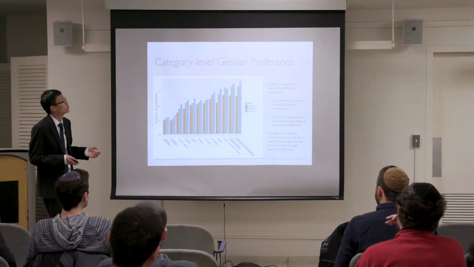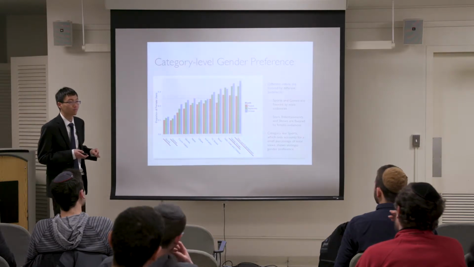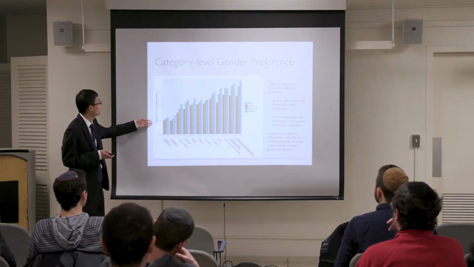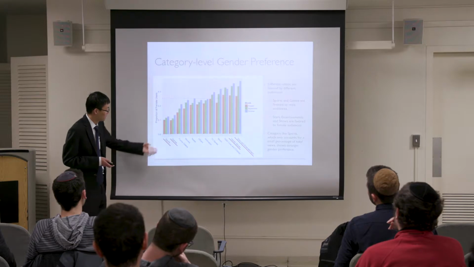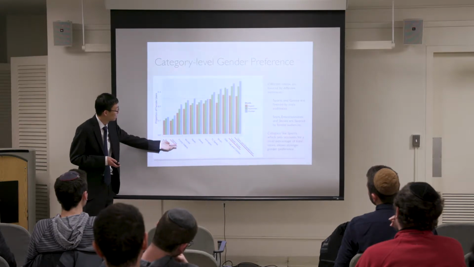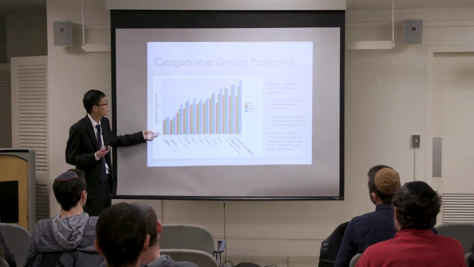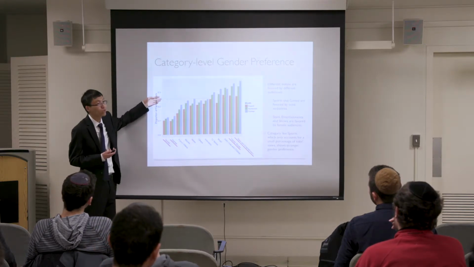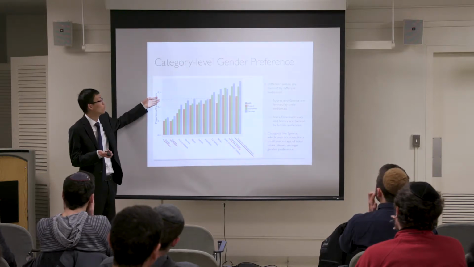So what we want to know is if there is any gender preference here. So we summarize the proportion of female users in each category. And you can see sports and games demonstrate a very low proportion of female audiences. This is the baseline, 25%, that we have in our population.